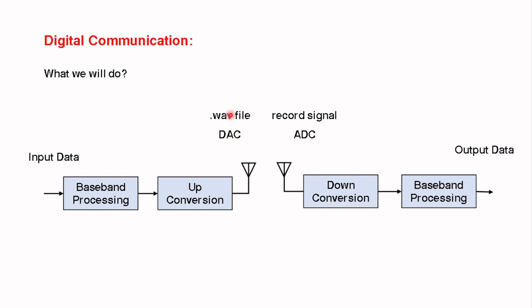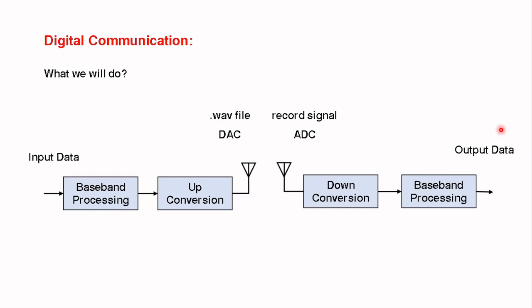At the receiver, we will record the signal from MATLAB, and we'll do the down conversion, convert it to baseband again, and do the baseband signal processing like matched filtering, synchronization, channel estimation, and so on. And finally, we can have our output data.